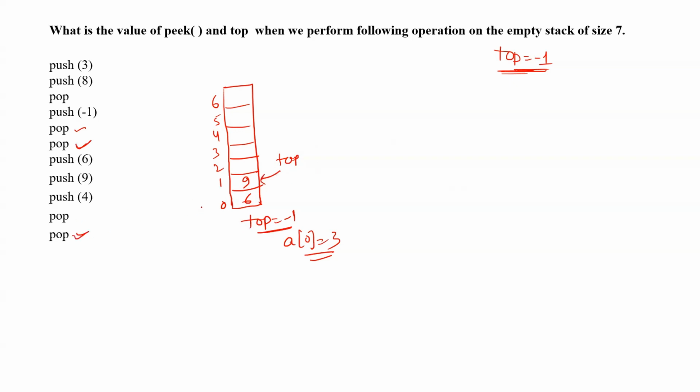And finally, the last operation is also pop. So again the 9 will be deleted, the value of top will decrease and the value of top will come to the zero index. Now you can say the function peek will give you the answer 6. It will give you the top value, and the value of top, that is the index, is 0. By this example, we can understand how a stack is going to work.